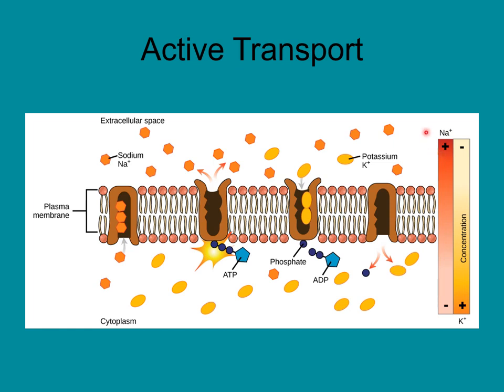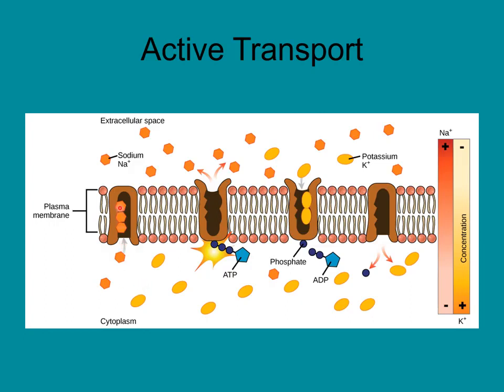You want that higher on the top, lower on the bottom, because the top is outside, the bottom is inside. What the sodium potassium pump is going to do, let's look at the sodium. It's high outside. There are certain areas where it's leaking through the membrane. So here it is, trying to reach equilibrium. And you're like, oh, no, no, no, no.